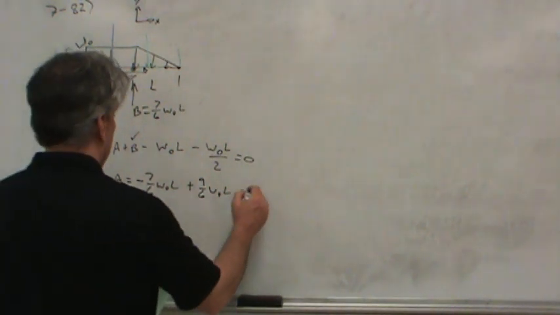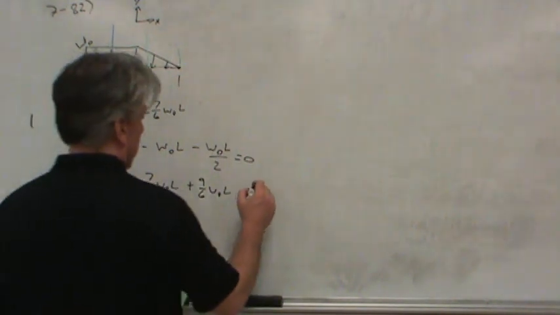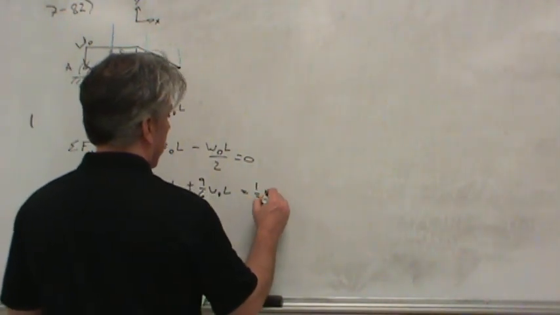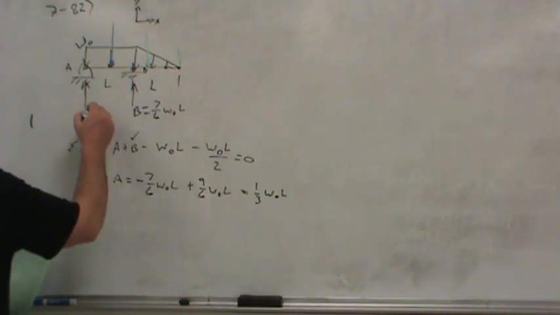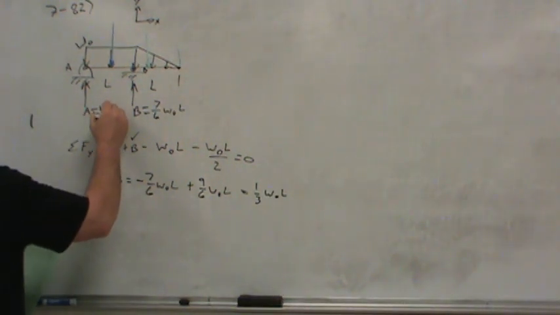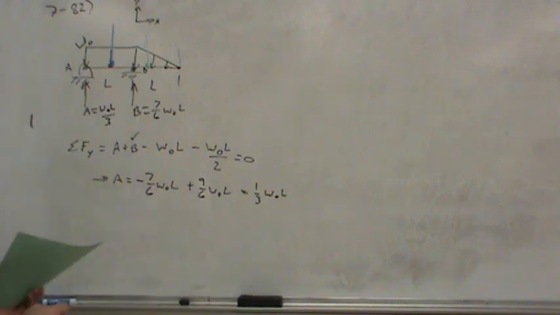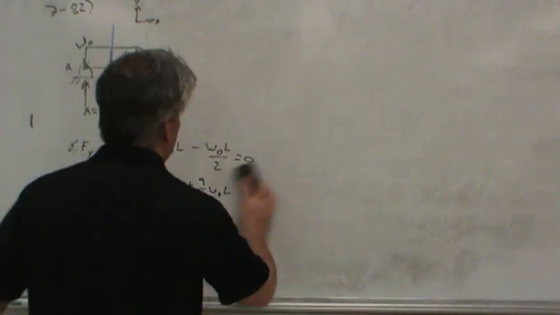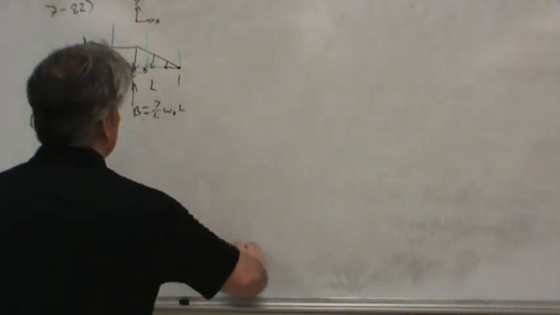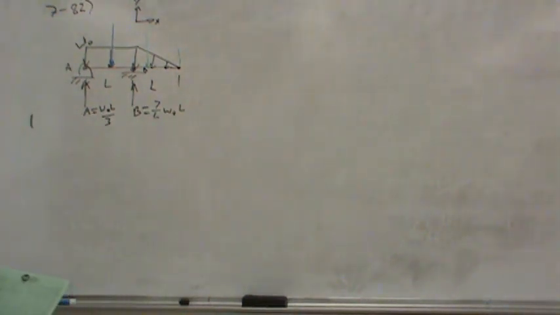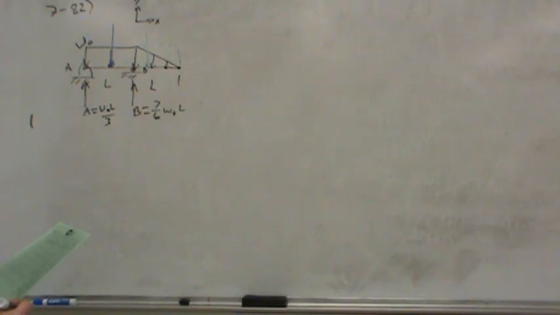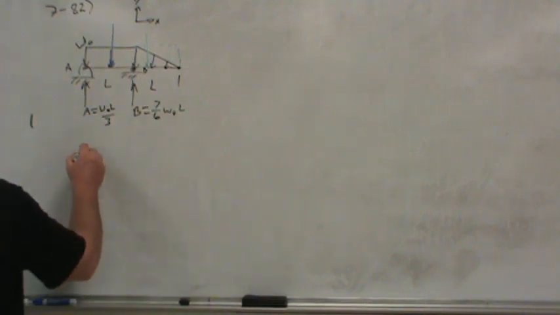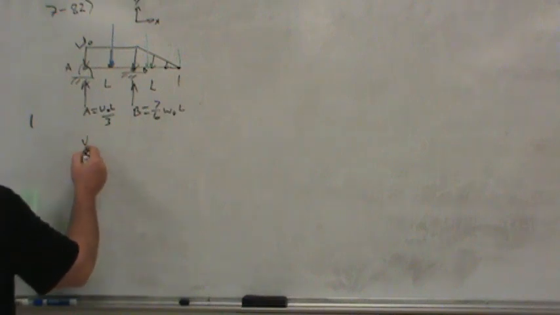So, 7/6 minus 9/6 is 2/6, or 1/3 W naught L. So now we've got the magnitude of both the reactions A and B, and that was the whole point of all we've done so far. So now that we've got the reactions, we'd like to create shear and moment diagrams for the beam. So let me draw the shear diagram here. I'm going to need some space. I'm going to make it large.